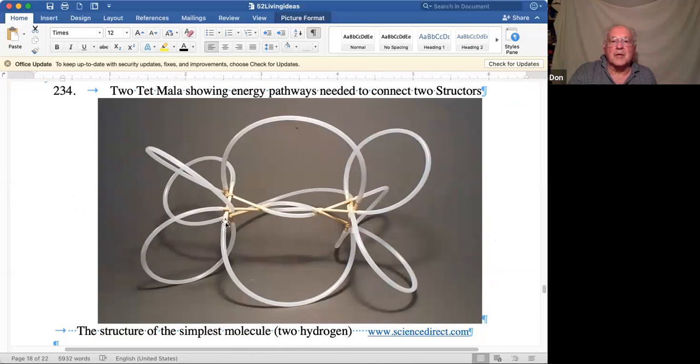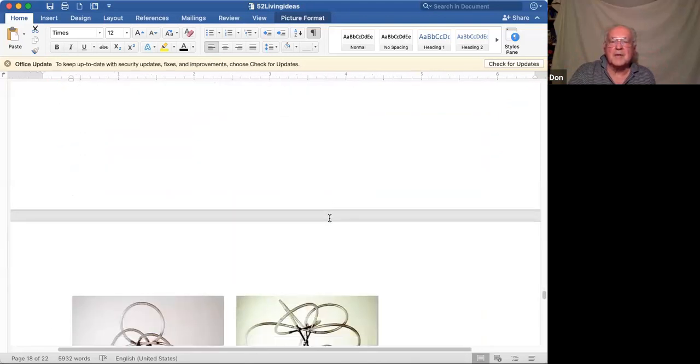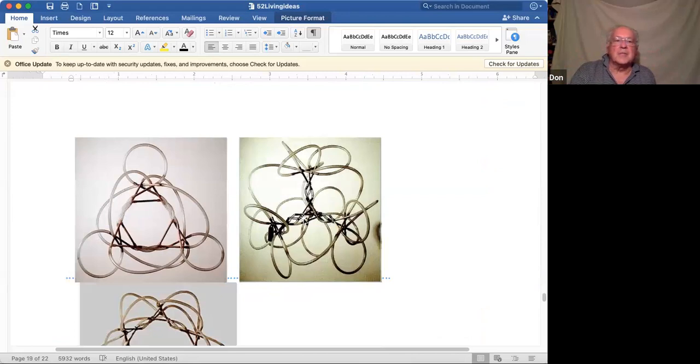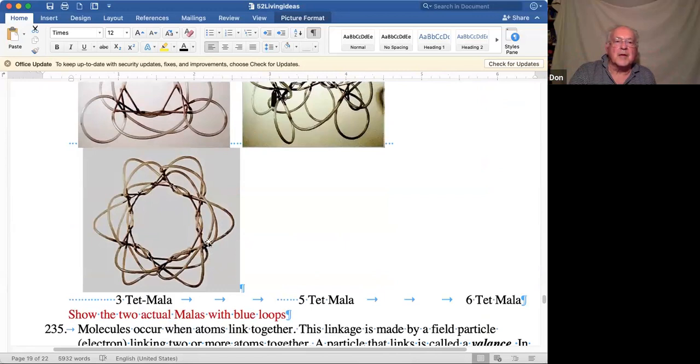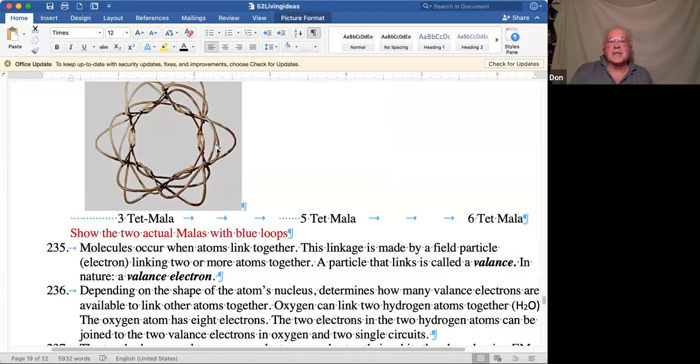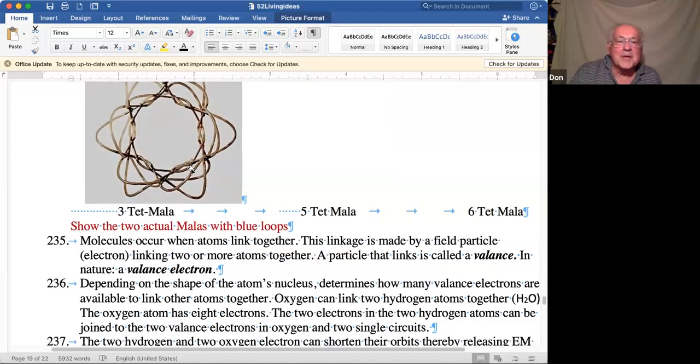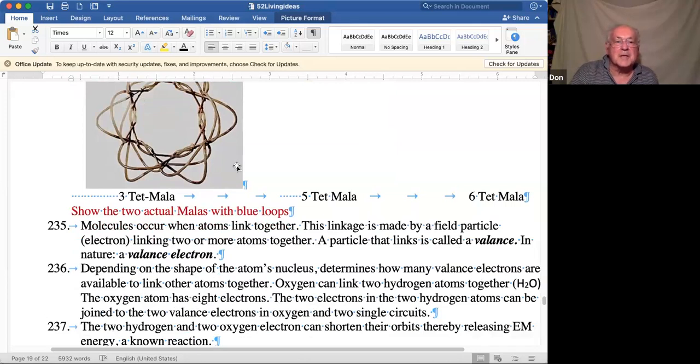Here I'm showing the molecule again and how it's sharing these loops. These are other molecules. This one has 4. There's one behind this one in the middle. And here's one that has 1, 2, 3, 4, 5, 6 tetrahedrons linked together. By the way, that's benzene right there, the valence electrons of benzene.